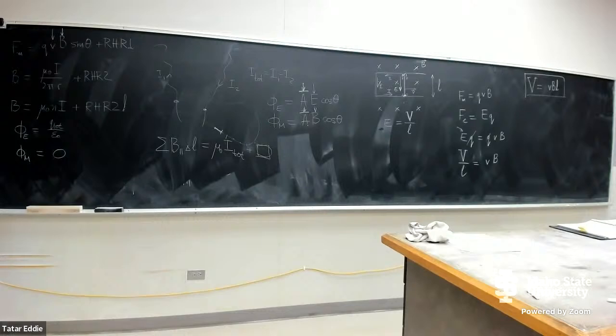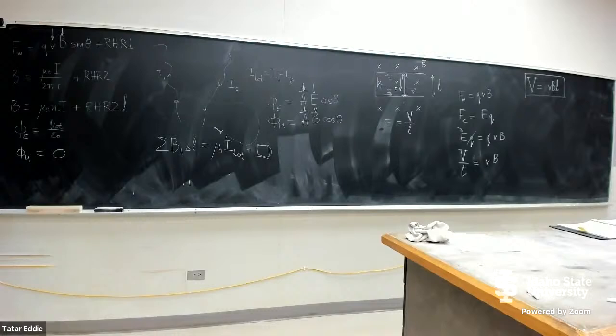And I can connect a light bulb, probably not bright enough, but I can connect those two ends to an LED light, and when I'm moving, you're going to see the LED light up. We're going to see it next time on Friday.